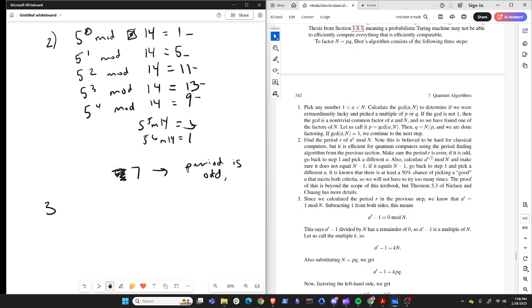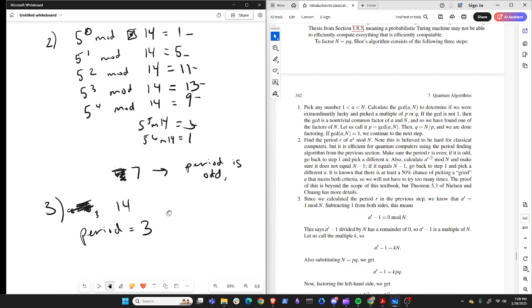The period for this example of a equaling 5, and, well, example for 14, with whatever it started with. I don't know if it told me what value it picked. Anyway, it finds a period of 3 for the value of a that it winds up selecting.